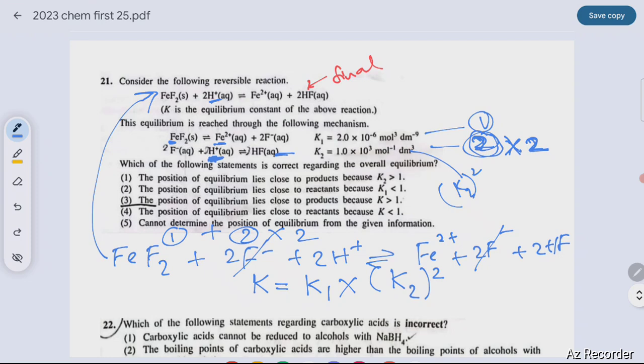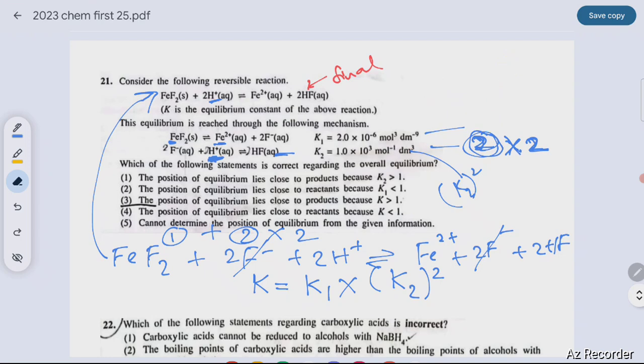Because this becomes 2HF and we are dividing it by 2F- and 2H+. Then if we do this, we are getting like this now. Which means K2 has become squared. That's why we are taking the square value of that.